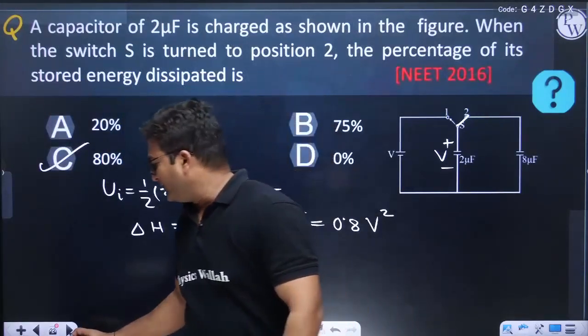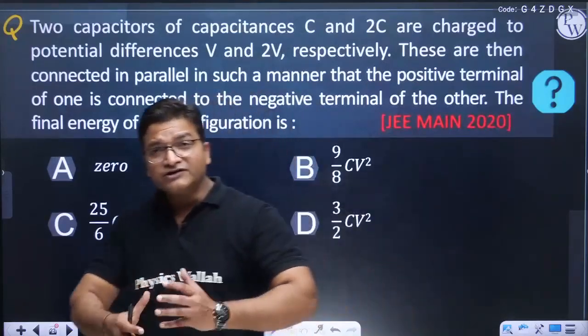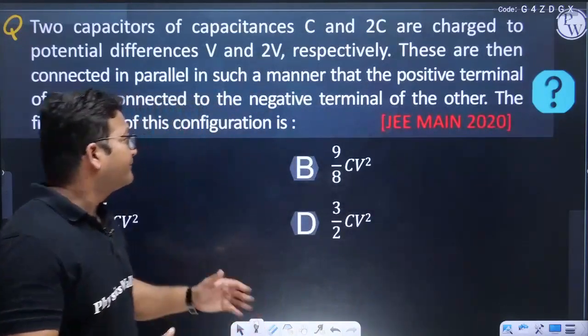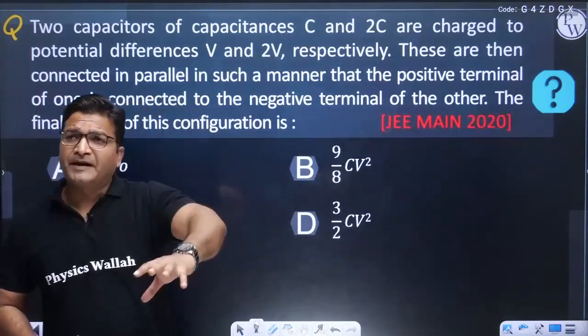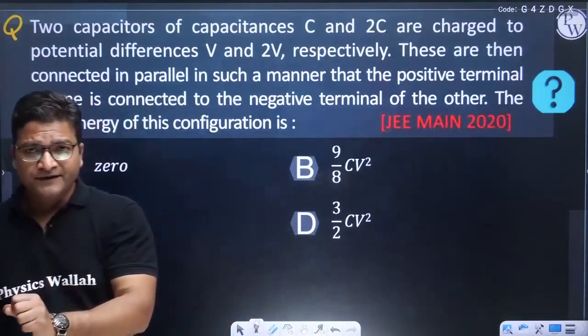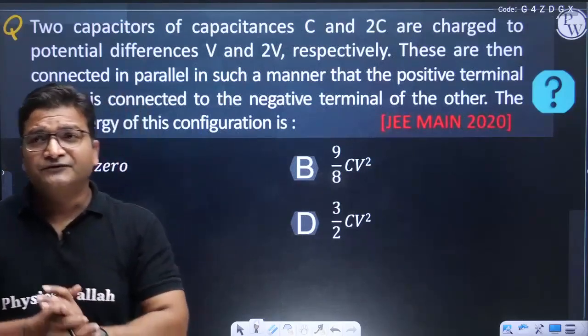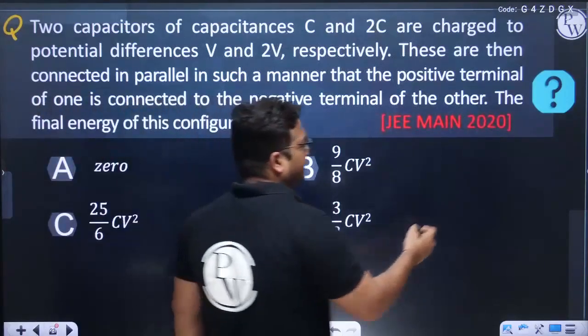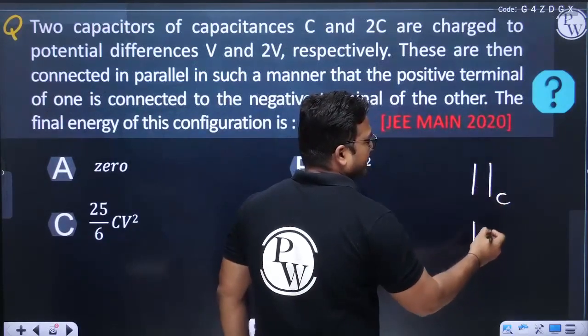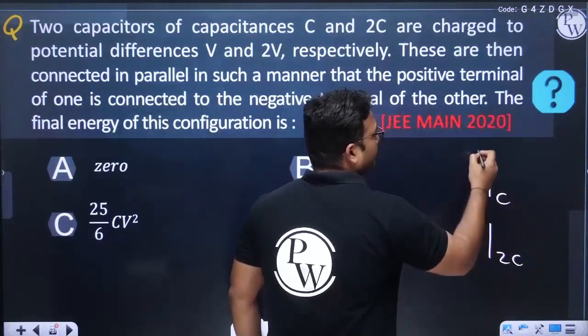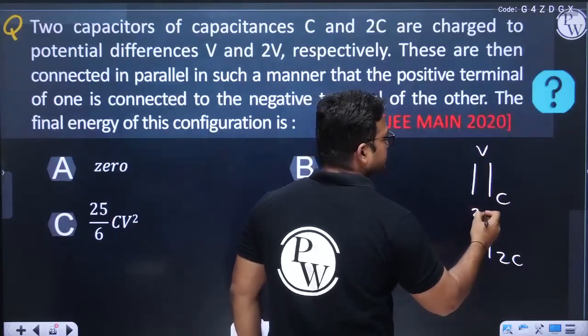Isn't this simple? Always use the collision analogy. Let us use it in some more problems. In this question we have two capacitors of capacitances C and 2C and potential differences V and 2V. One capacitor, capacitance C, another capacitor, capacitance 2C, voltages V and 2V.